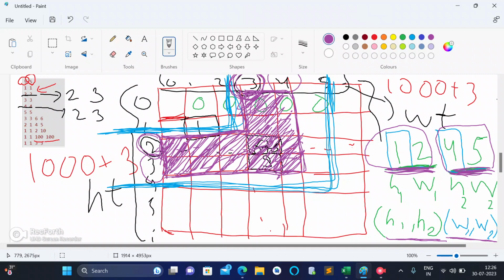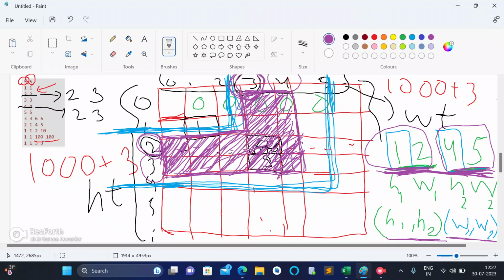Okay, so focus and think again. Don't you think this shaded area, if you know 2D prefixing, you will be able to think that this shaded area contains the area of all the rectangles which satisfy this query. This is the important line.